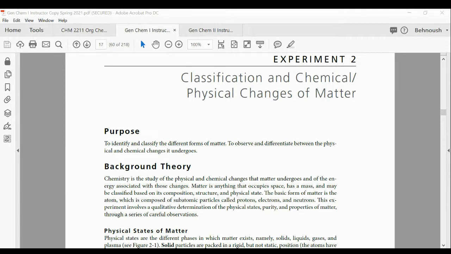Okay, very good. Properties caused by reactions are chemical. Chemical property is the ability to, for example, rust. That is a chemical property. Physical property can simply be observed, like color or odor.